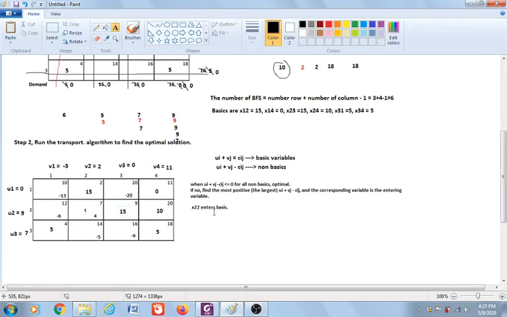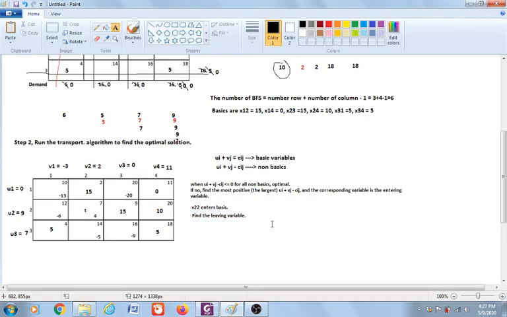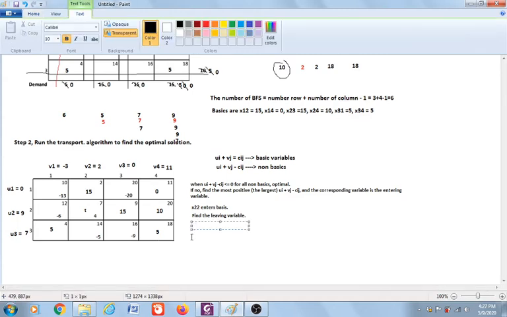Now, because we have x22 as the entering variable, we need to find the leaving variable. In order to find the leaving variable, we need to make a loop.